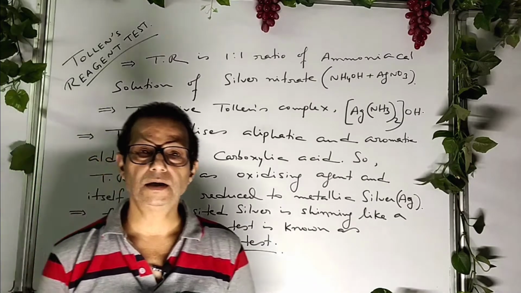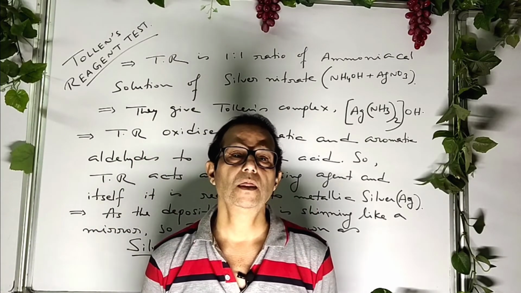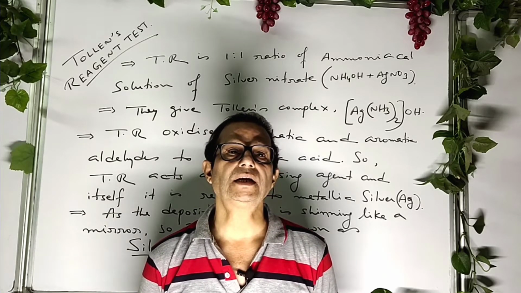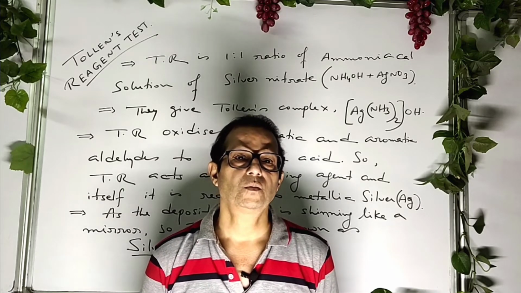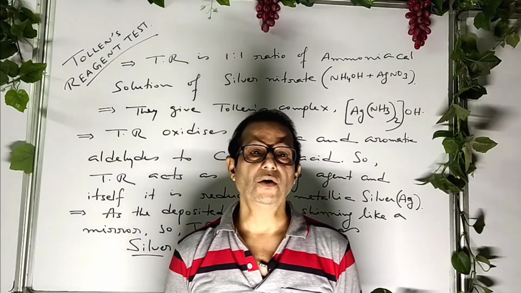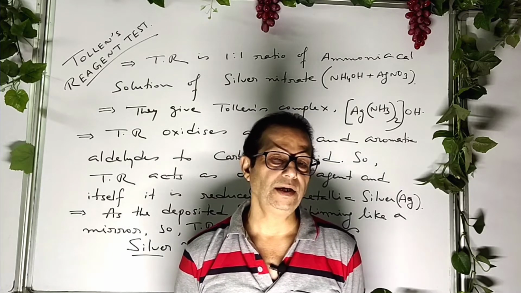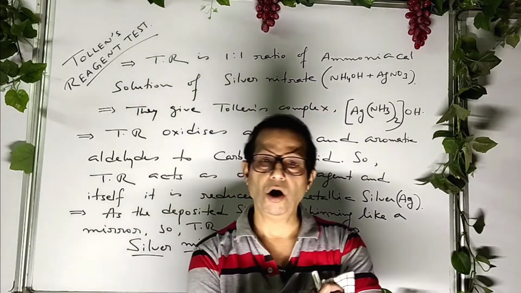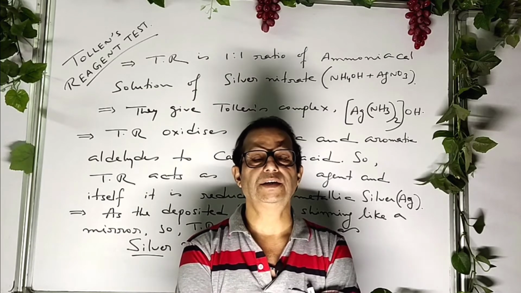So let's understand Tollens reagent test. It is the identification test of aliphatic or aromatic aldehydes. Ketones do not give Tollens reagent test. Actually, Tollens reagent is 1:1 ratio of ammoniacal solution of silver nitrate.